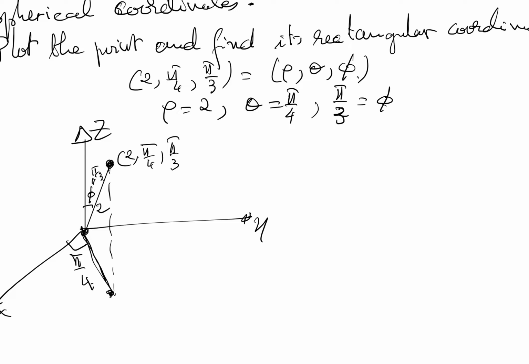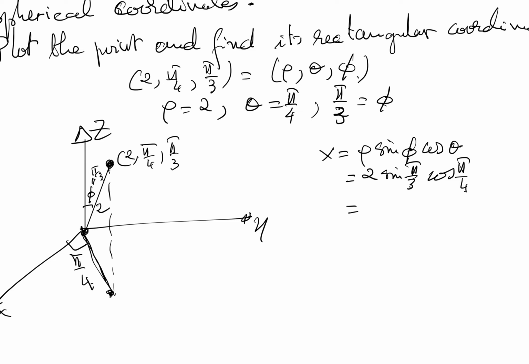Now let's find the rectangular coordinates. Remember, x is equal to rho sine phi cosine theta. This is nothing other than 2 times sine pi over 3 times cosine pi over 4.